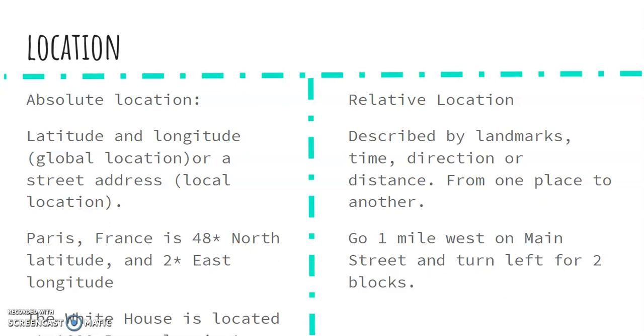My next example is that the White House is located at 1600 Pennsylvania Avenue. That's the street address, or the local address. Relative location is described by landmarks, time, direction, or distance from one place to another. My example here is go 1 mile west on Main Street and turn left for 2 blocks. We talked about this when I was doing vocab, like how to explain where Burlington is from here.